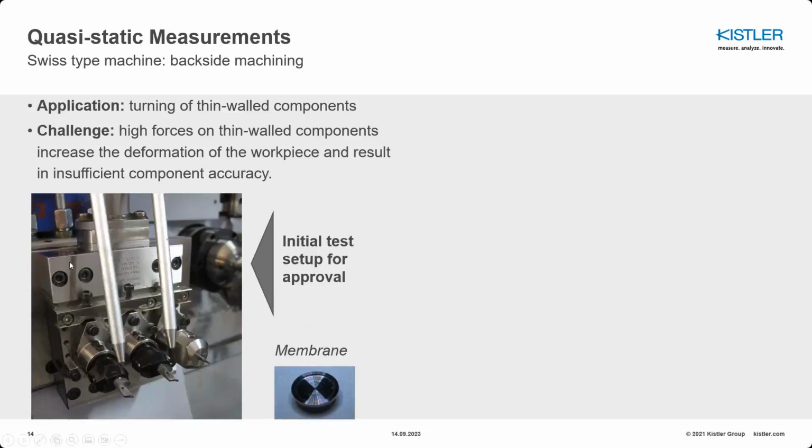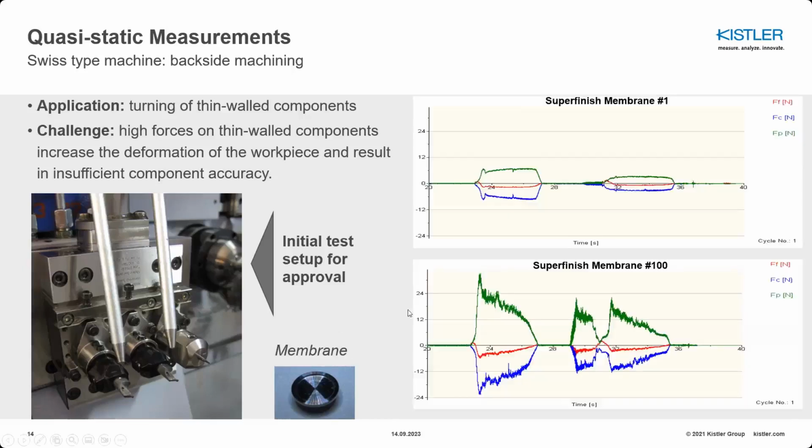As a start, we have our dynamometers inside the machine. We have the tools on top of it. As you can see, the part is a membrane. You can see here. And then if you look at the forces, we have 3 cutting forces. You can see here.